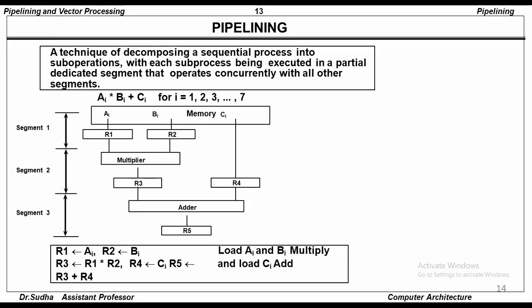R1 and R2 are multiplied and the value is received in R3, and memory C is loaded into R4. R3 and R4 values are added, after that we get the R5 result. We are using 3 segments: segment 1 is the memory, segment 2 the multiplier value, segment 3 the final output.